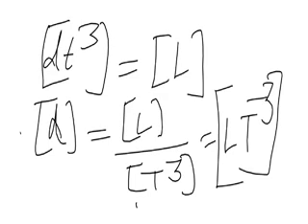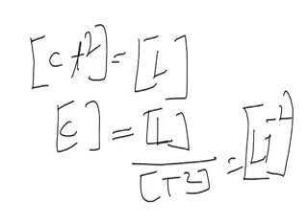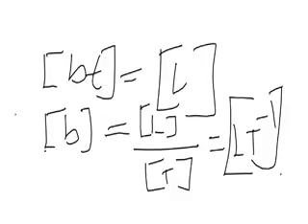This shows the dimension of density, L T minus 3, length by time to the power 3. You just guess it. So this is the dimension of D, and this is the dimension of C, and this is the dimension of B, and this is the dimension of A.